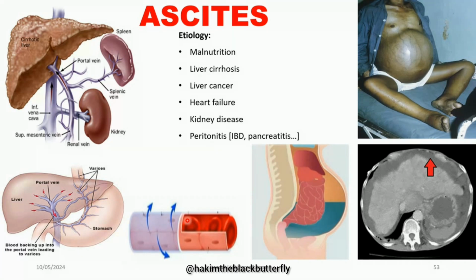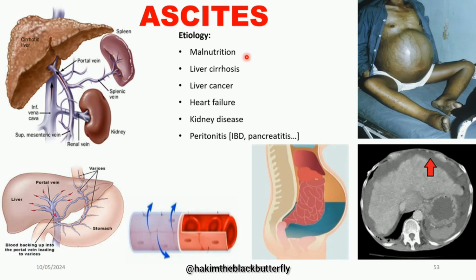So if the proteins are less, obviously, there will be a reduced oncotic pressure, and it can easily result into leakage of fluids into the peritoneal cavity. So that's why these kids always present with a distended abdomen with ascites.